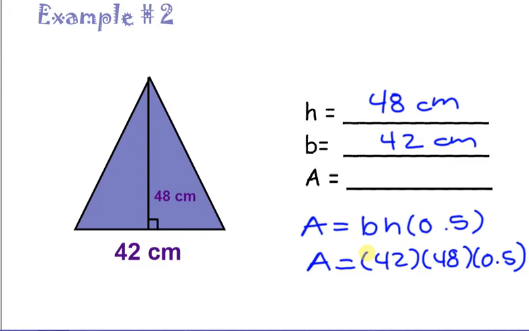When you put that in your calculator, you should get area equals 1008. So your answer is 1008 centimeters squared, because it's centimeters times centimeters, so it's centimeters squared.